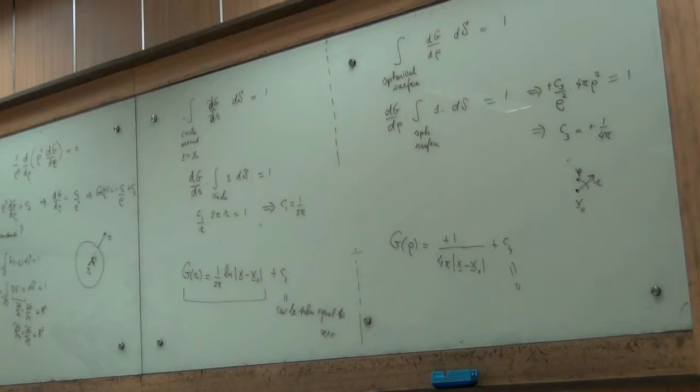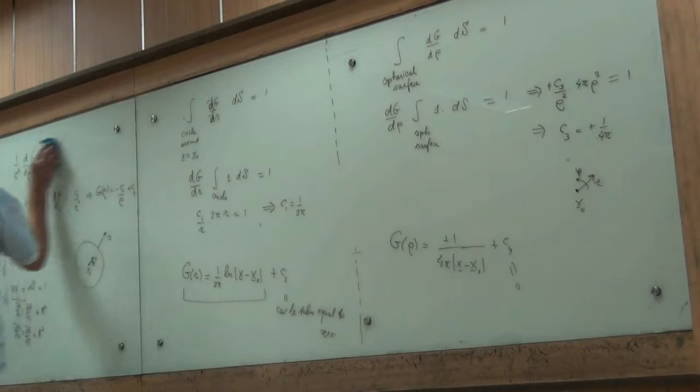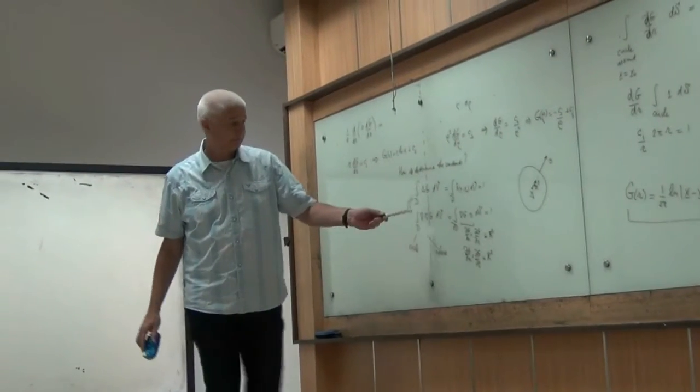Next step. What do we know? The variable r is the distance to the origin, right? And then the domain D is a circle around x0.